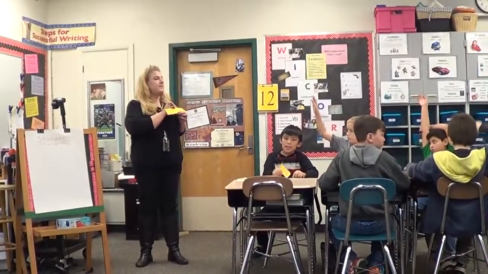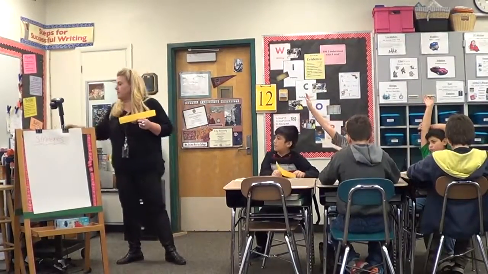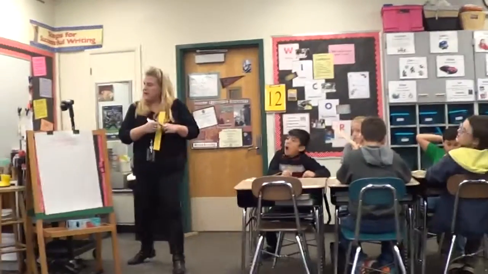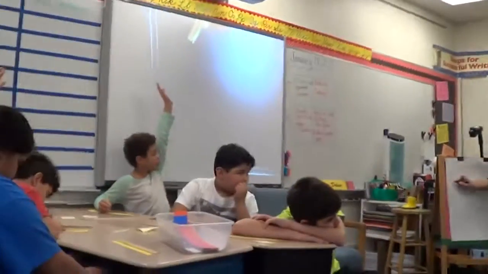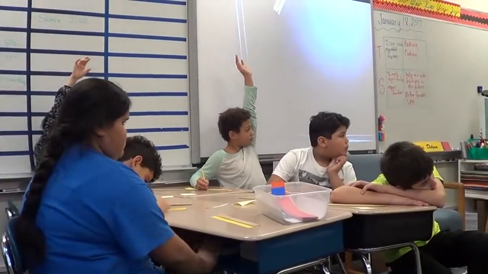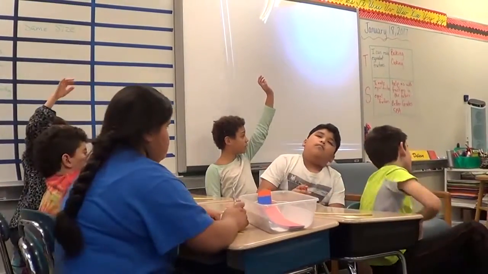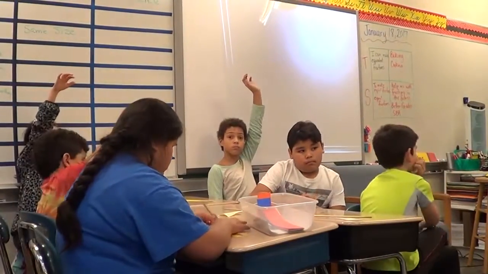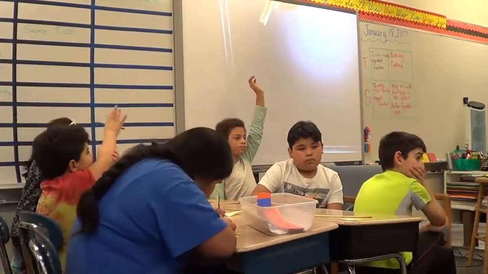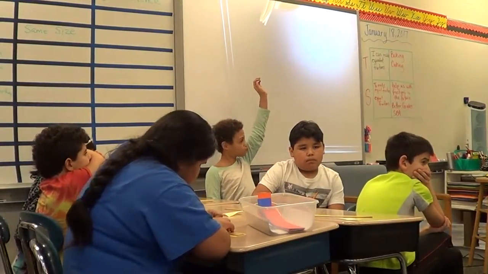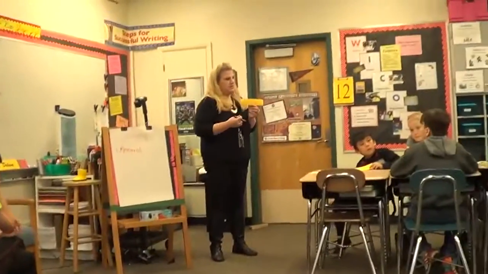Is there anybody else that came up with a different strategy? I'm going to write up here our strategies. So Sky said that he measured it. Okay, so Sky, when you measured it, what did you do to find out that that was 6 inches?